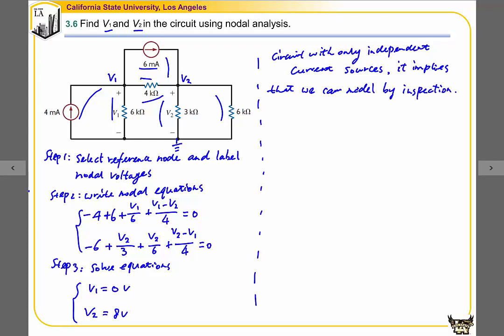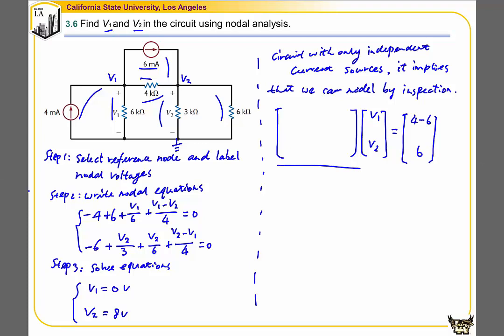If we write it in matrix form, it has a 2x2 matrix times the two unknowns V1 and V2, equal to the current going into the nodes. The current going into node V1: we have a 4 going in and a 6 leaving. The current going into V2 is the 6 milliamp current source. Inside the matrix, we follow the rules to find the entries in this 2x2 matrix.